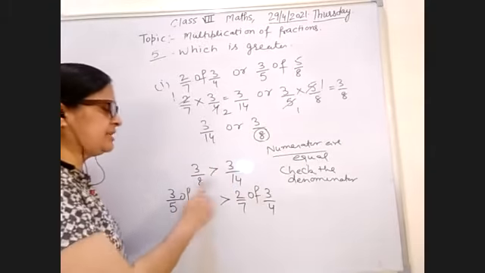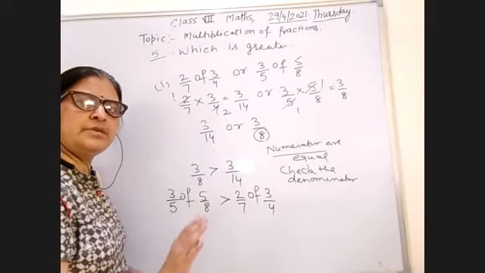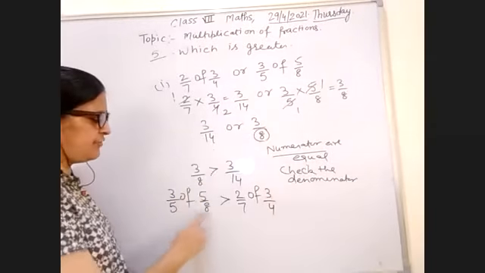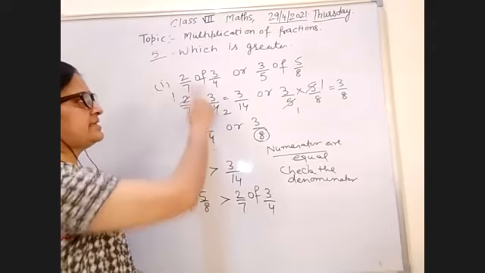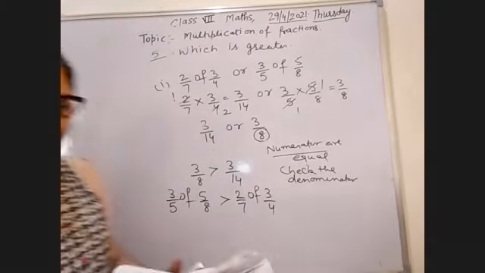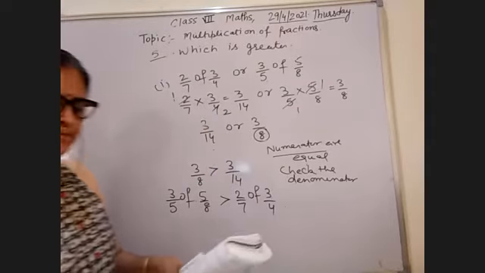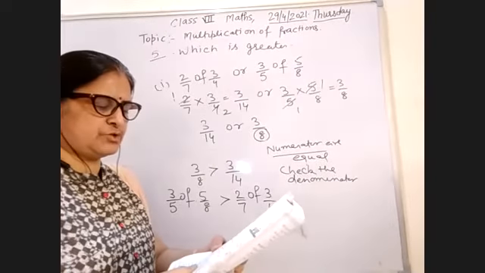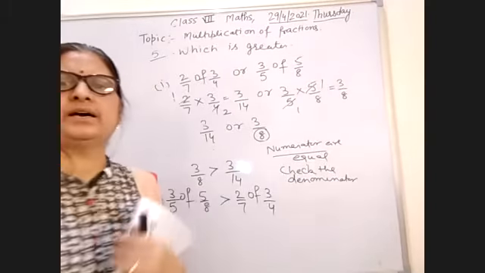So 3/8 is greater than 3/14. So 3/5 of 5/8 is greater than 2/7 of 3/4. The second question of the fifth question you will attempt yourself. Now I am doing the sixth question.